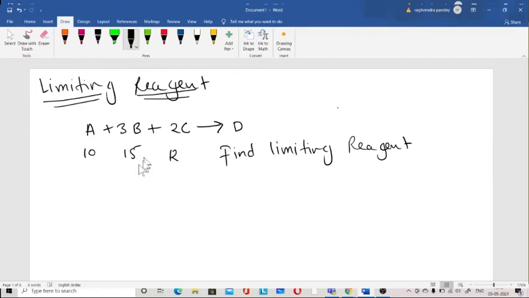Suppose there are three reactants, then you have to find the limiting reagent.